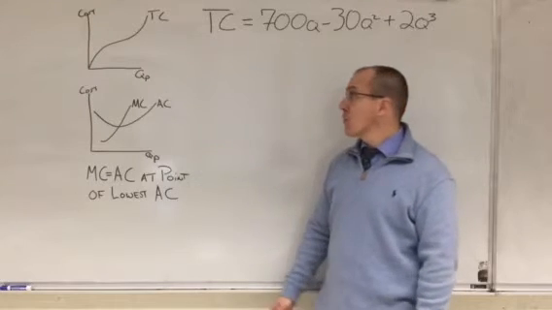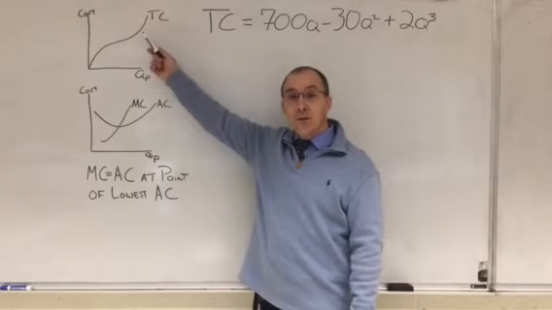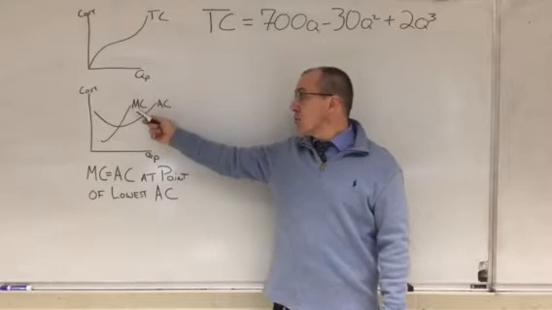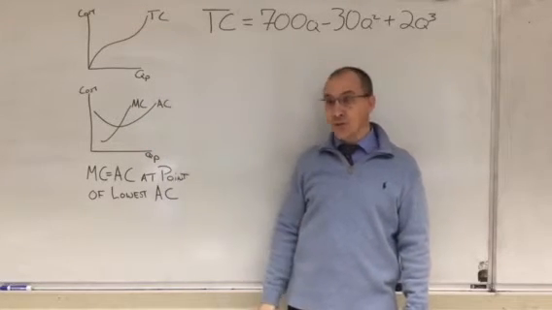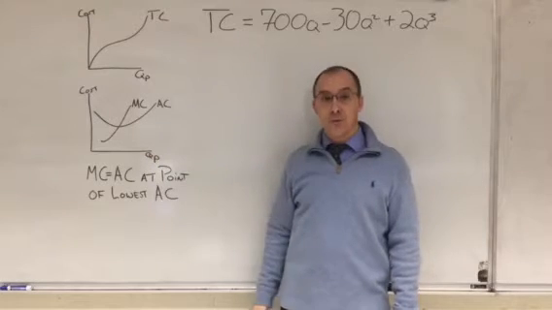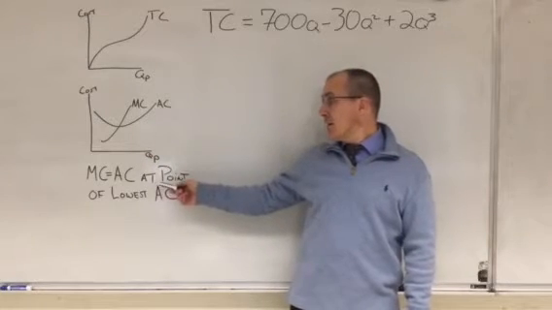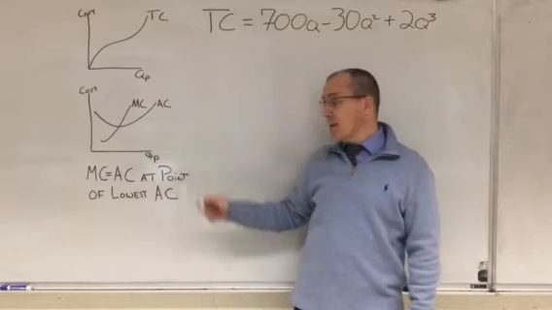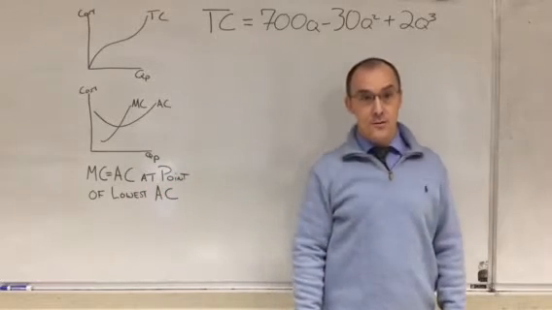Basically, the concept we're going to be working with is taking a total cost curve, and from this total cost curve, finding both the marginal cost curve and the average cost curve, how to set them equal to each other to find the key idea, which is where marginal cost equals average cost, that is the point of lowest average cost.